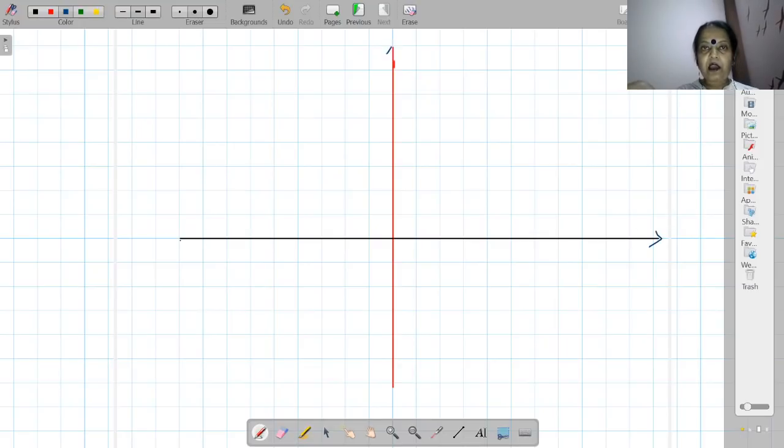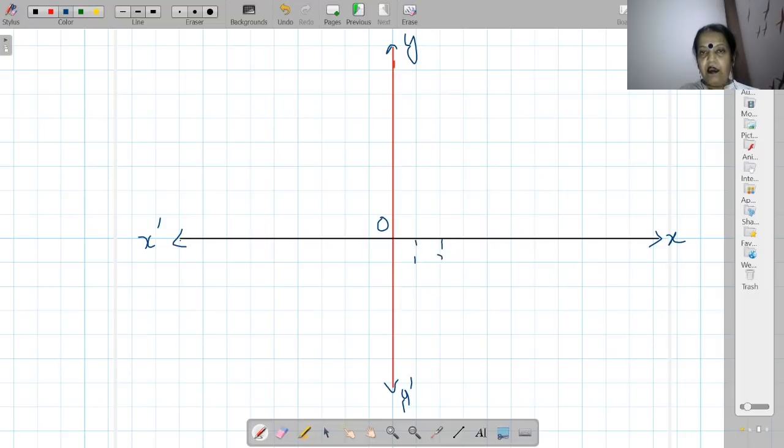Before that, I will explain one more thing to all of you. This is x-axis, this is y-axis, the point of intersection is origin, x dash and y dash.